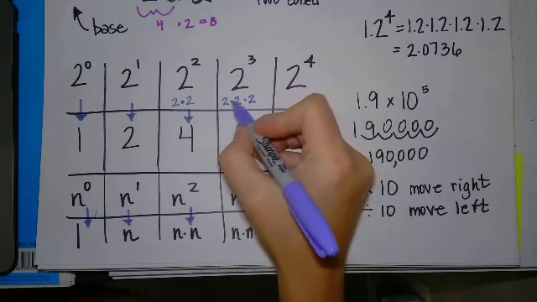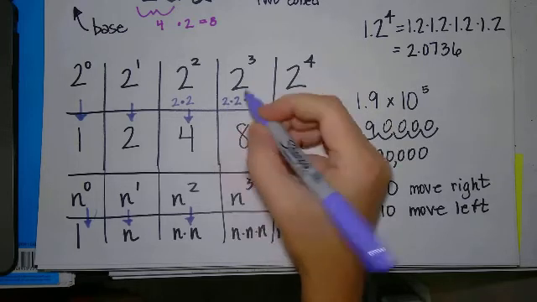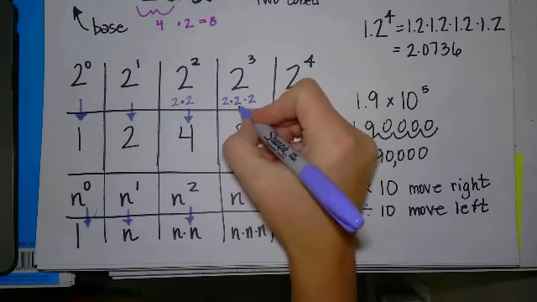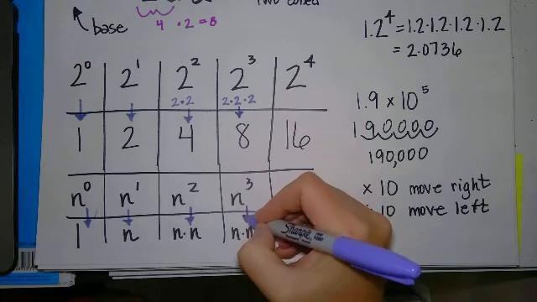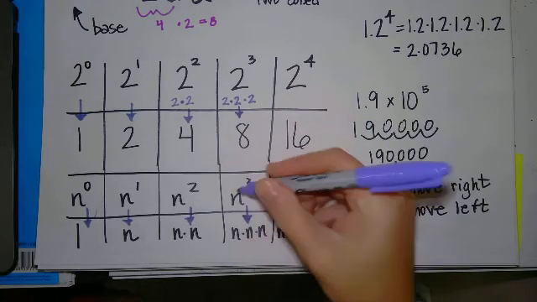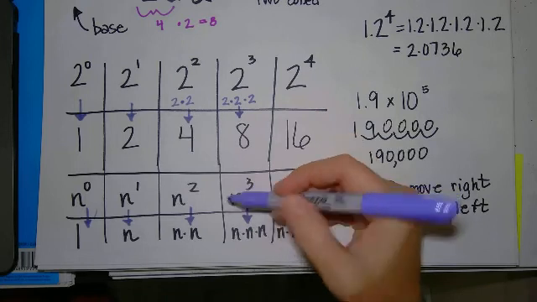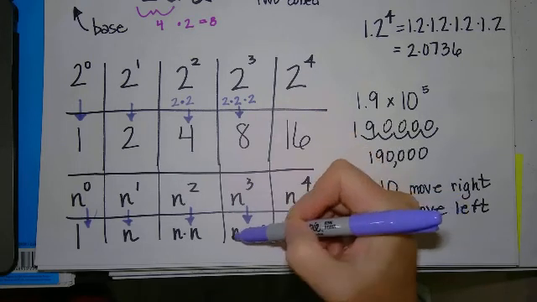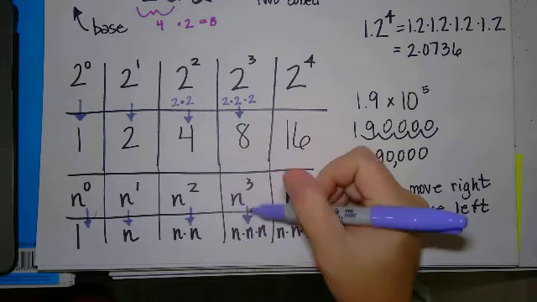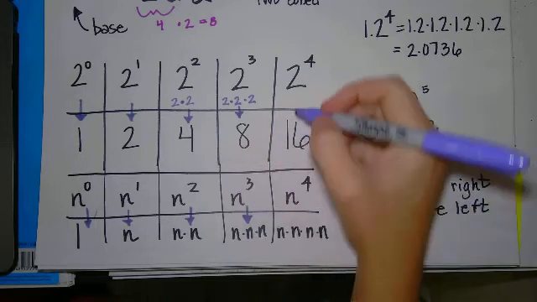So again, the exponent of 3 tells us how many times we're multiplying the base. And we're multiplying, so it's 2 times 2 is 4, times 2 is 8. So that would tell us that any number is going to work the same way. Any number to the third power is going to be that number times that number times that number, or the base number multiplied by itself 3 times.